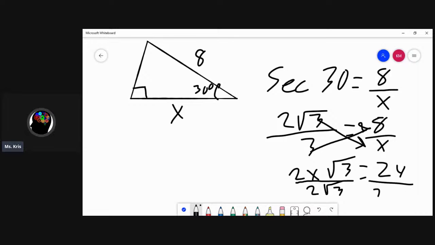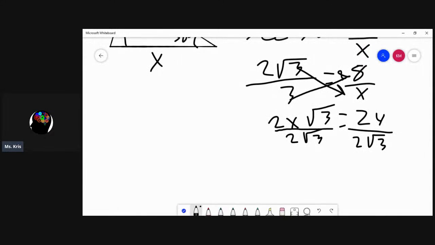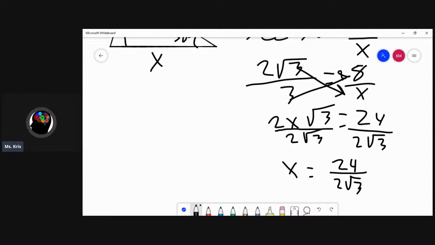Have 2 square roots of 3 and 2 square roots of 3. And x equals 24 over 2 square roots of 3.